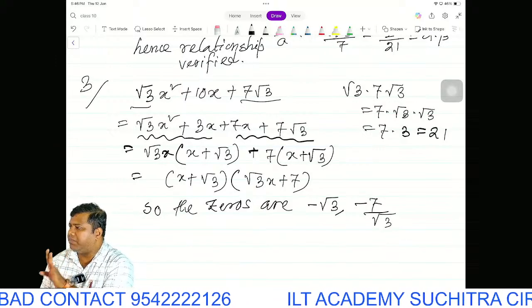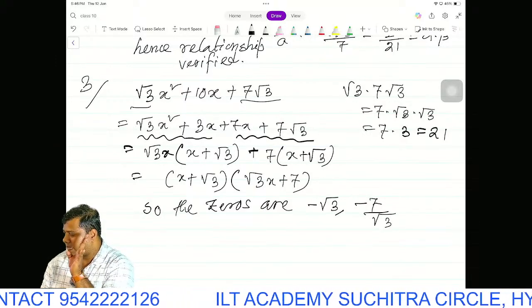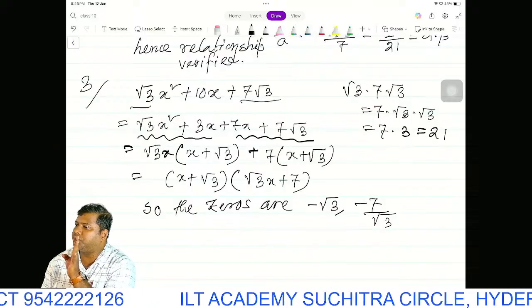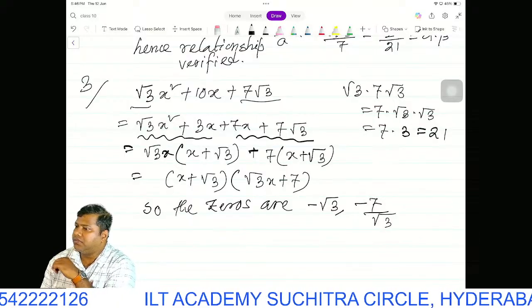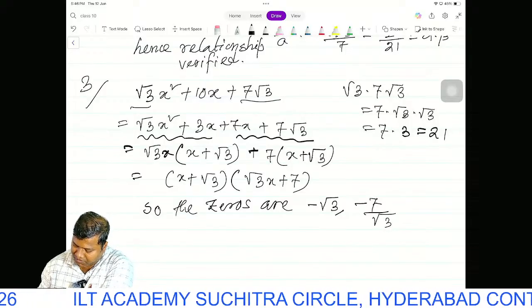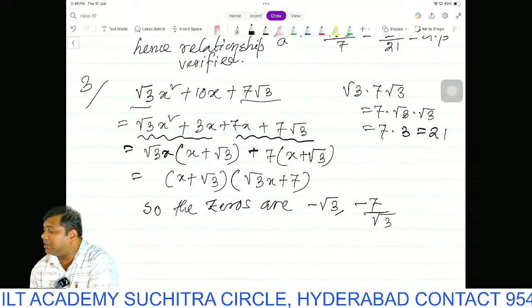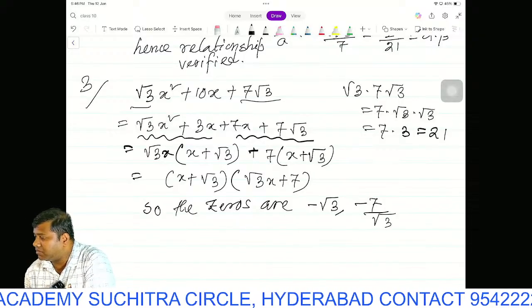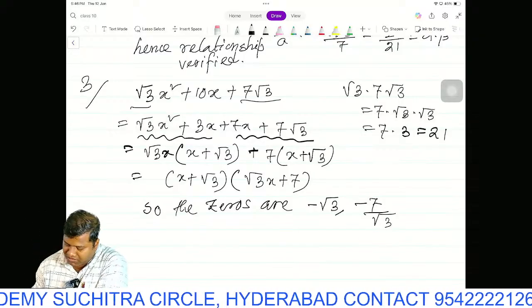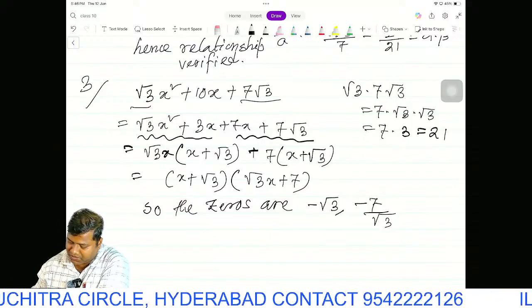If you are not able to factorize this kind of expressions where square root will be there, then how should we think for the solution? Please don't talk. Then go with the quadratic formula. What is the quadratic formula? You are done with this method, right? Now see.